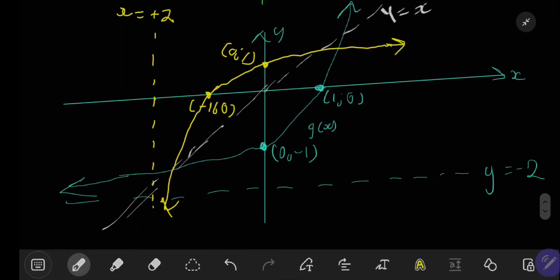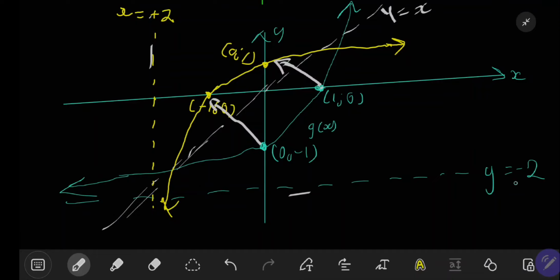It's just that it's not drawn according to scale, but you can see that this point was here, and when we reflected it, it moved to this point, and also this point moved to that point. So you can see that we really reflected that, and our asymptote was here, and now when you mirror image it, it will come here. So this is the reflection of the graph about y equals x.